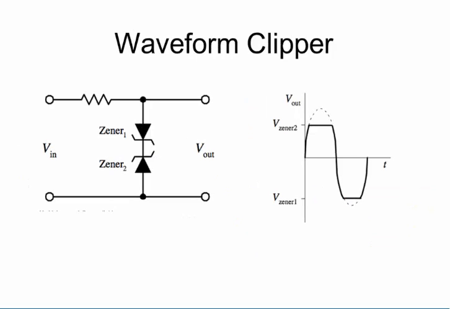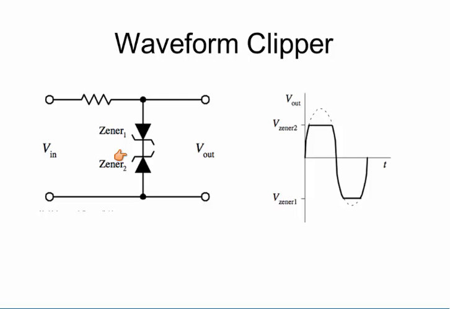We can also use Zener diodes for other applications. We can clip voltages, so this is a very typical generic application. We've got once again an input voltage, a series resistor, and then two Zeners, or one Zener, and the difference with the previous circuit is that we have another Zener connected in the opposite direction.